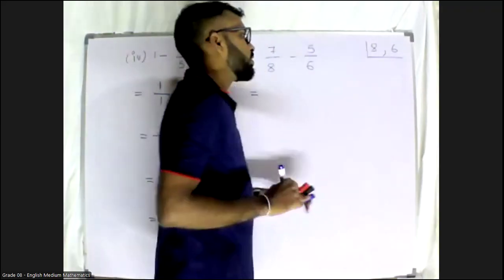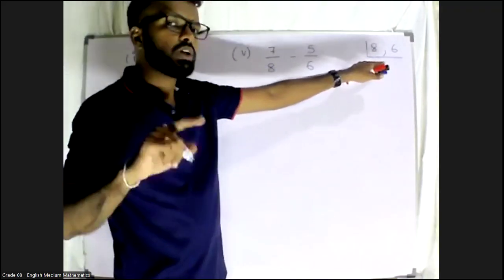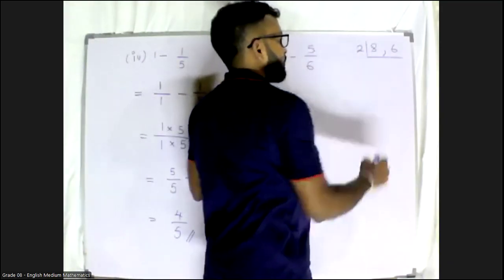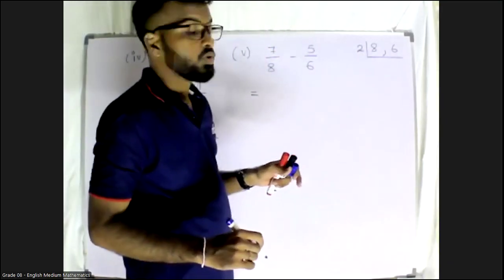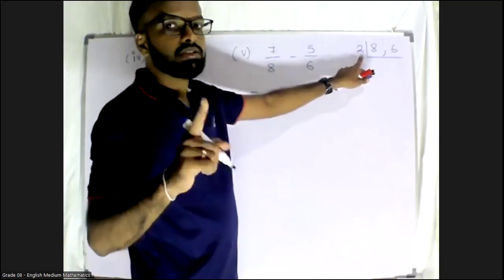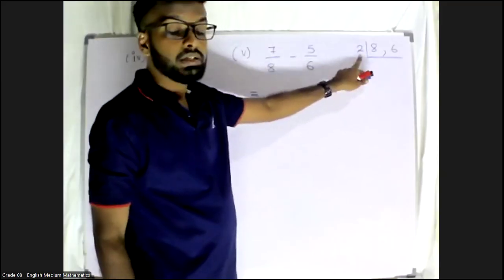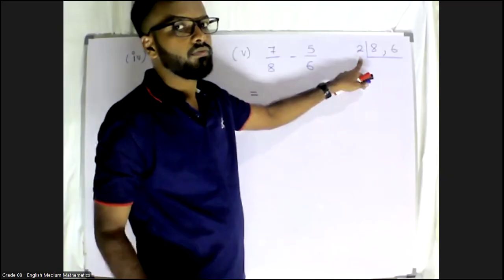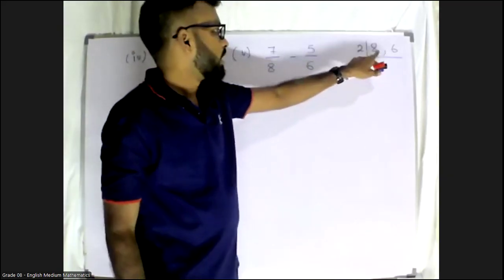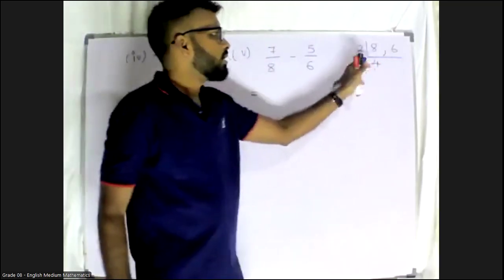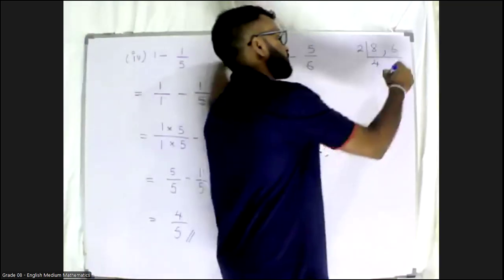So this is the way you are going to find LCM. The least prime number is 2. These two numbers can be divided by 2 without any remainder. So 8 divided by 2, 4. 6 divided by 2, 3.